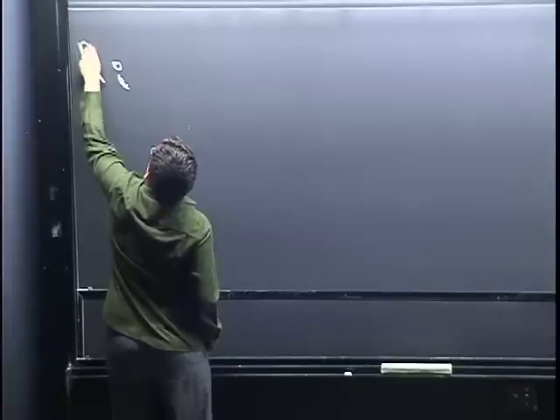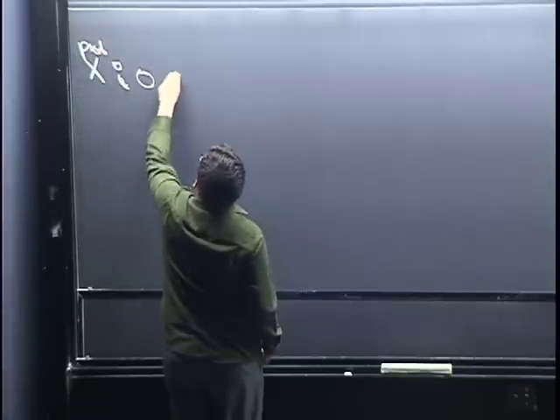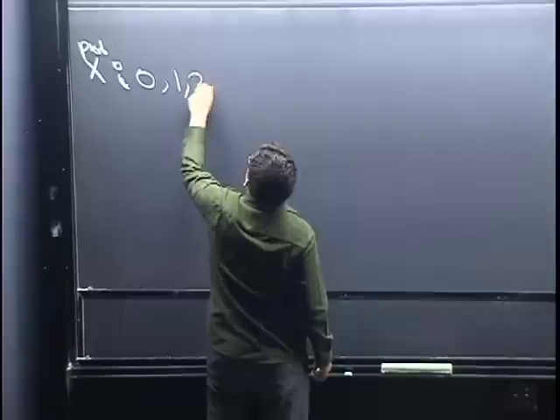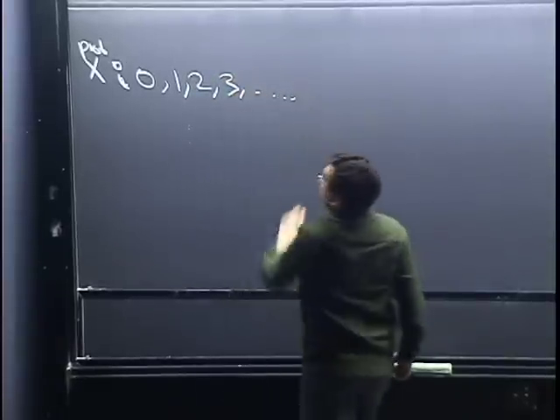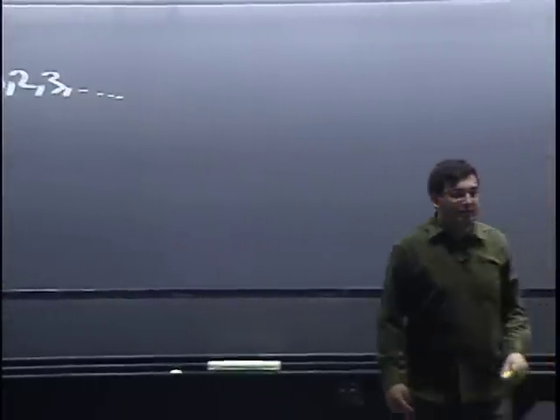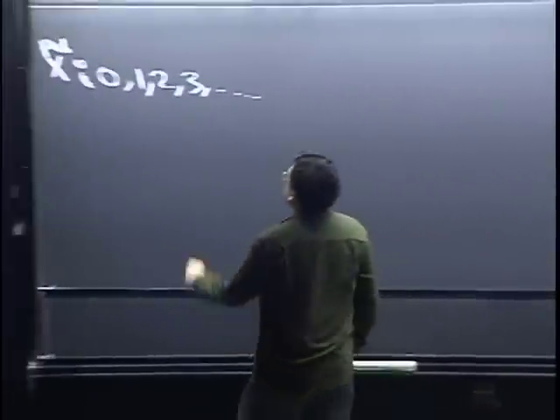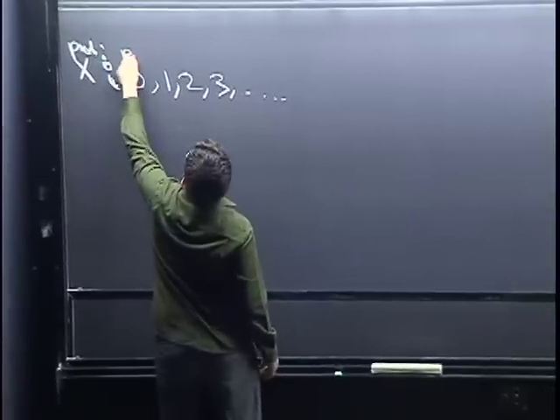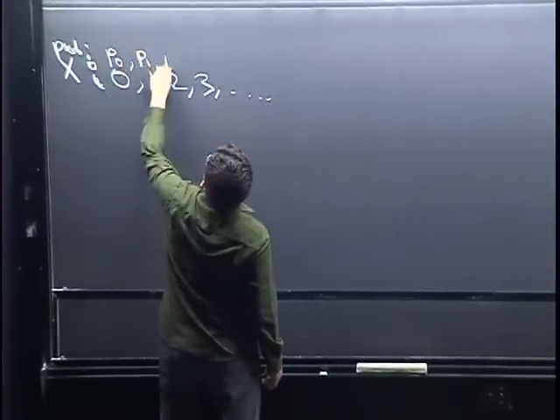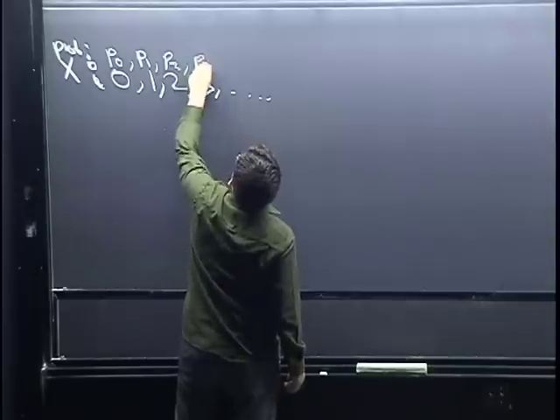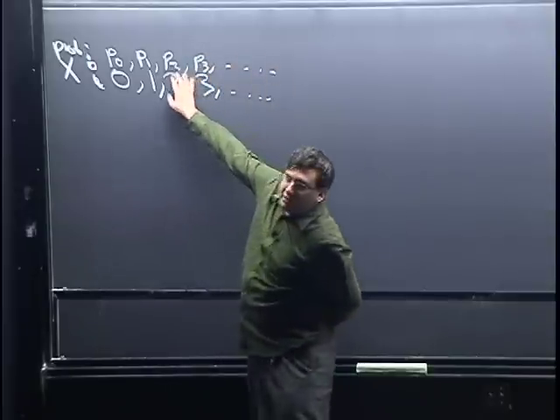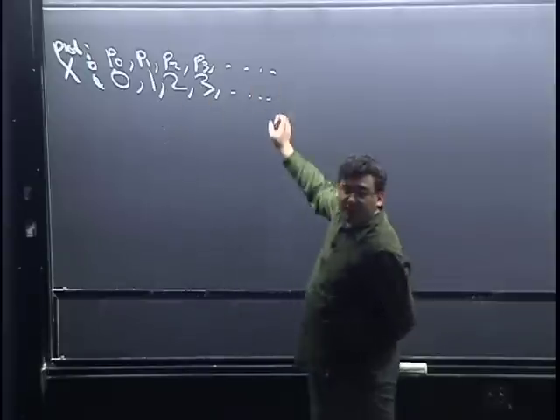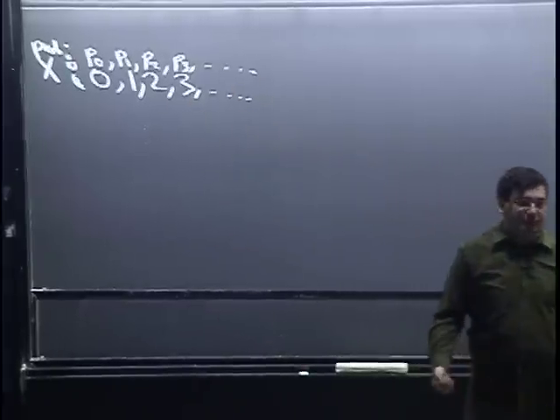And x can be 0, 1, 2, 3, etc. To say what the PMF is, I just need to say the probability of 0, let's call that P0, probability of 1, P1, P2, P3. So all I did here was write out the PMF as a sequence, and I'm calling them Pj, the probability that x equals j.